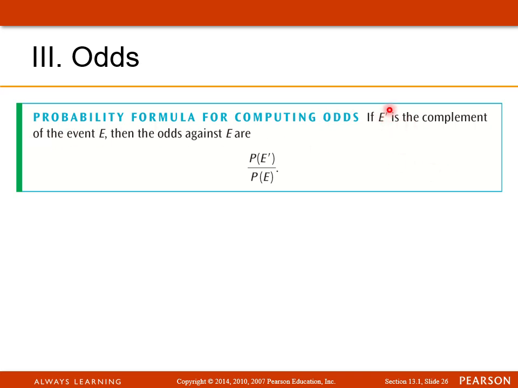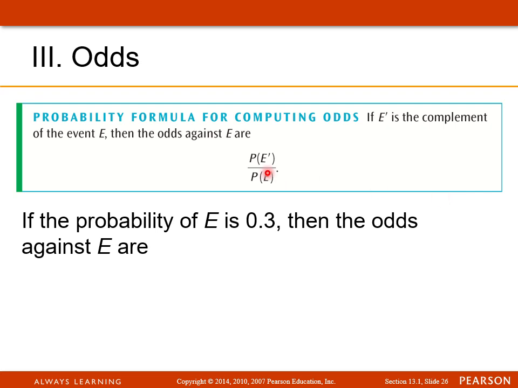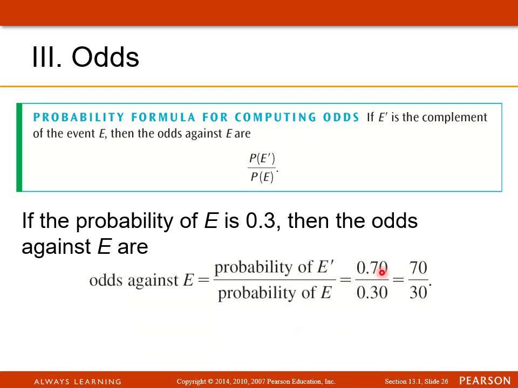Okay, if E not is the complement of the event, then the odds against E, you would take the probability of not getting E over the probability of getting E. Again, we're not doing the total here. This is not using sample space like we were for the others. So if the probability of E is 0.3, then the odds against E would just be subtracting it.